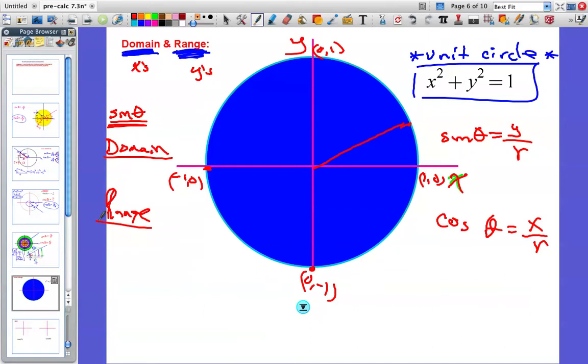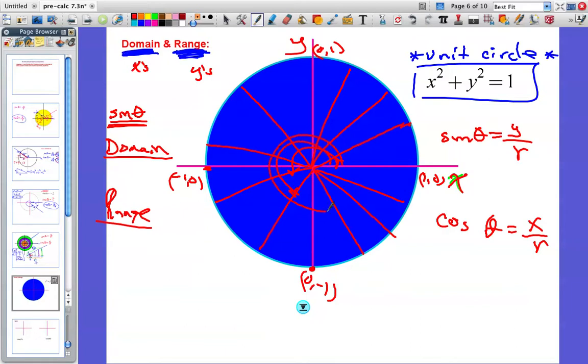But the domain, what do you know about the angles that I'm going to do here? If I draw this one in here, this one, this one, I'll draw a bunch of these. And when we're talking about the domain, of course, we're going like this to here, or to here. Do you see any problems on what I couldn't do the sine of, as far as angles?